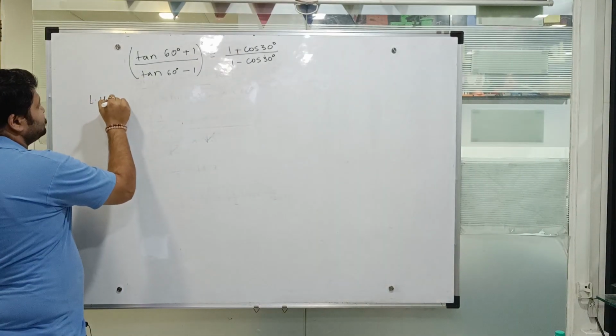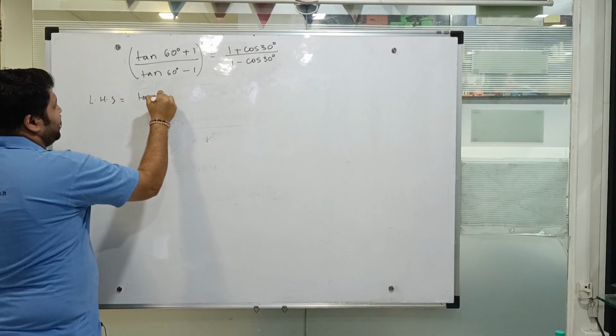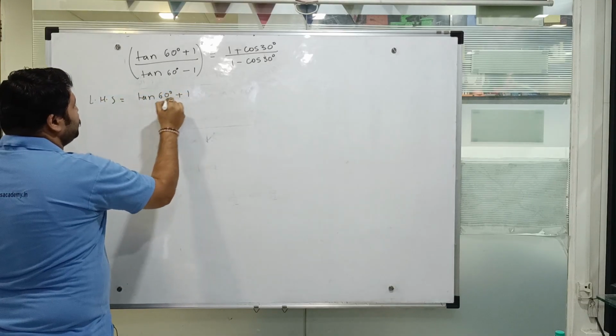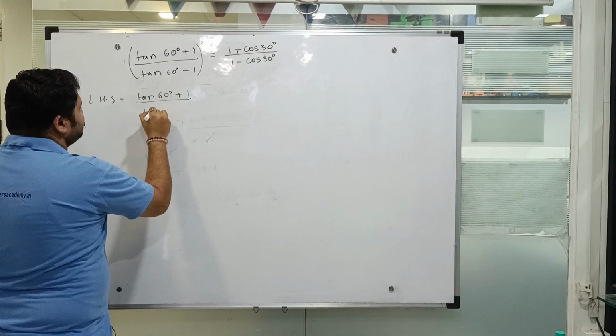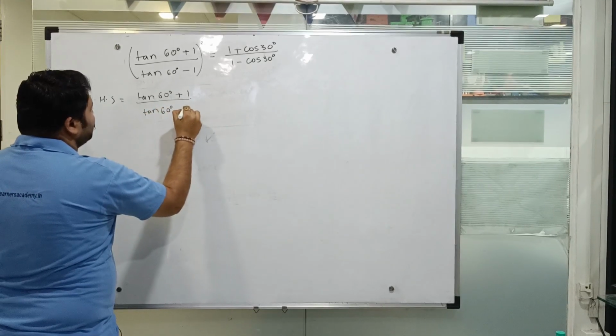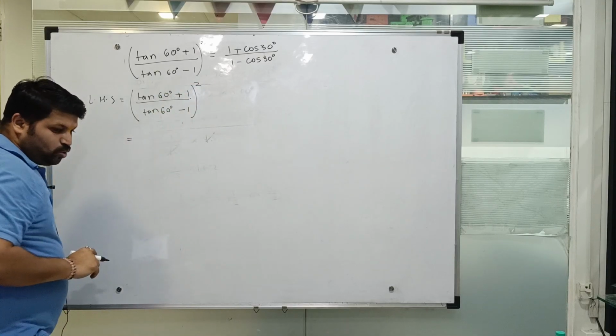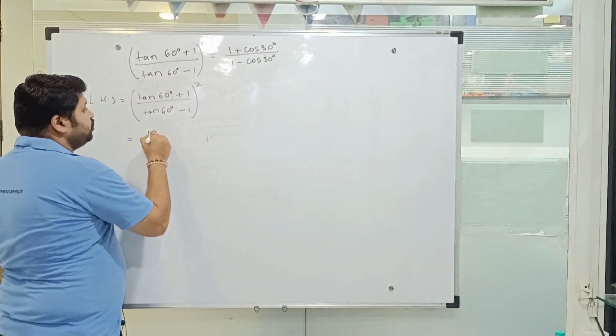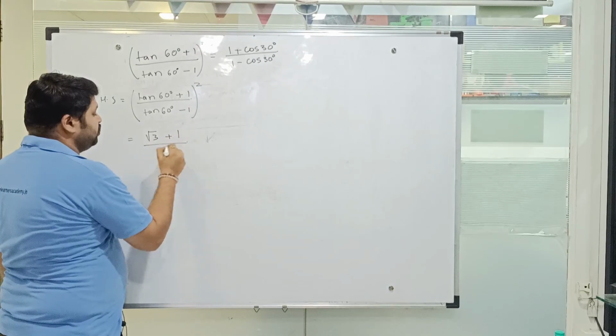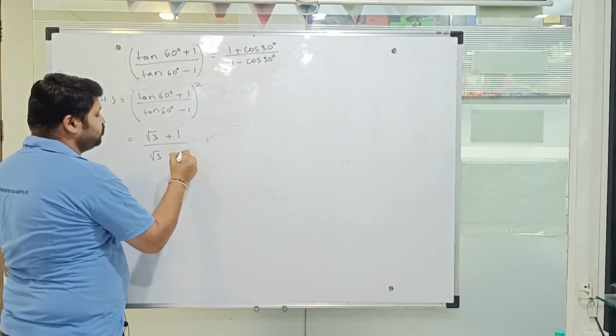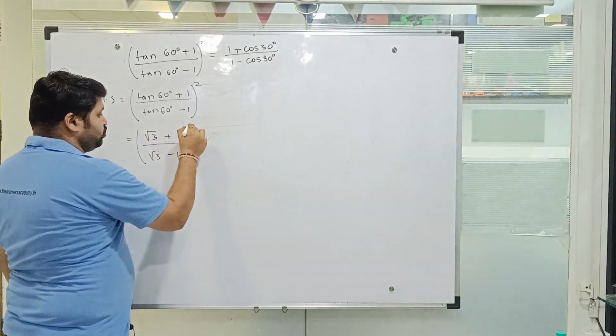So we have the left hand side is equal to (tan 60 degrees plus 1 upon tan 60 degrees minus 1) square. So it is equal to (root 3 plus 1 upon root 3 minus 1) square.